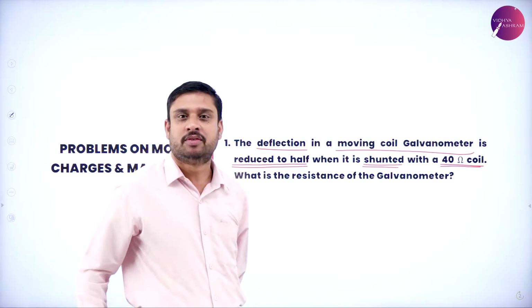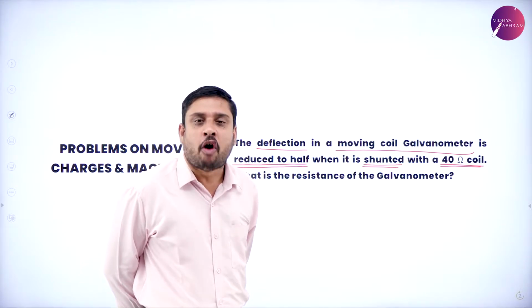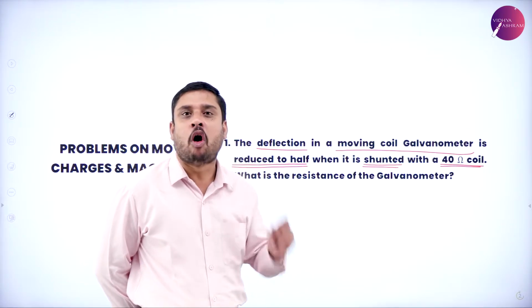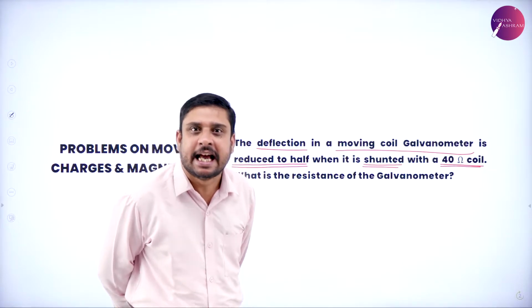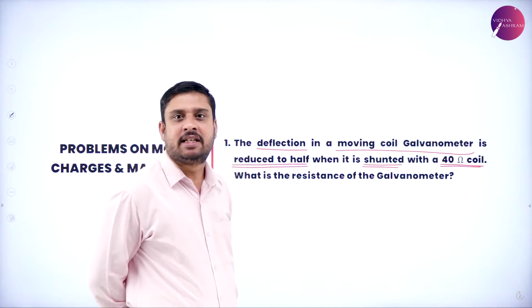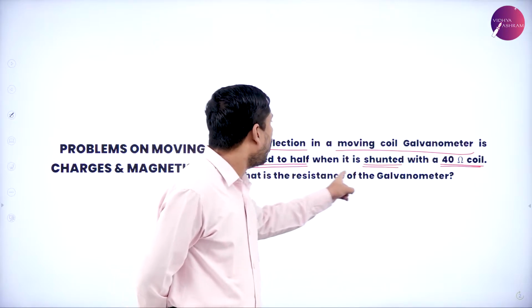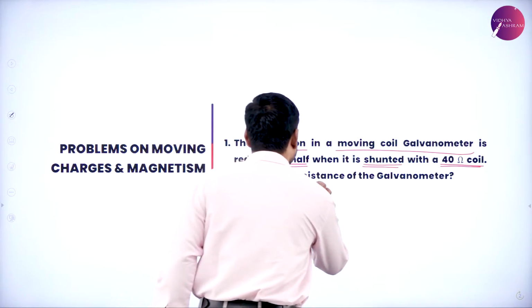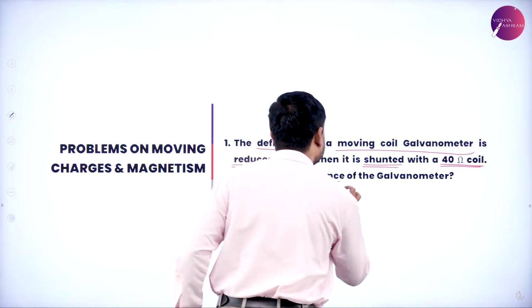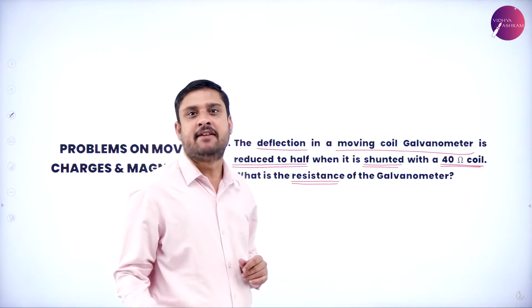Shunted means what? When a 40 ohm coil is connected in parallel with it. What is the resistance of the galvanometer?